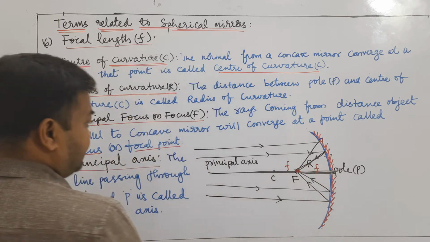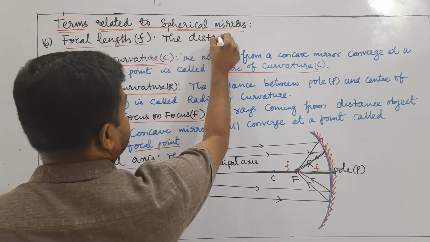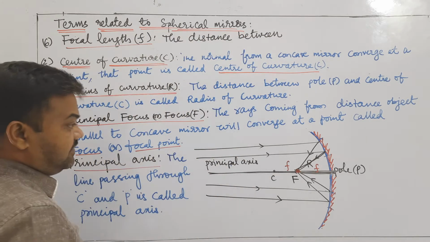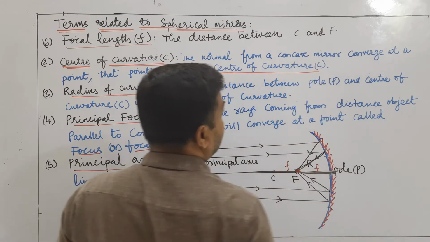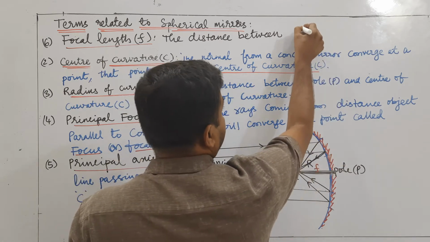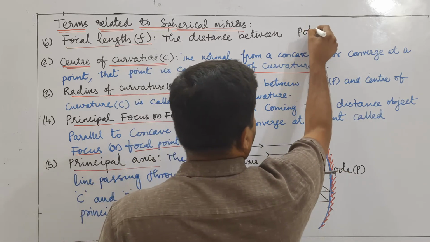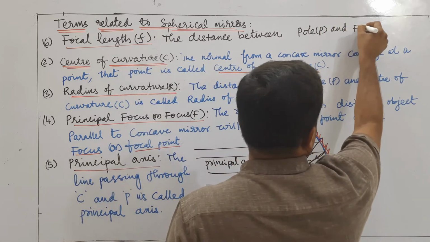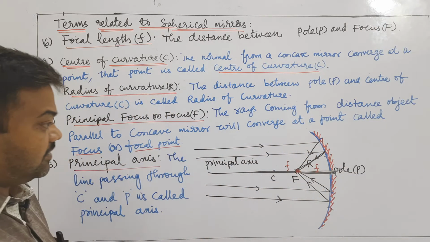That's why here the distance between C and F, or we can also write P and F, or F and C, or pole P and focus.